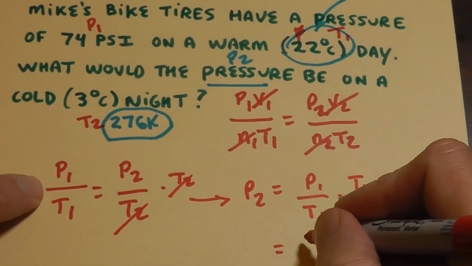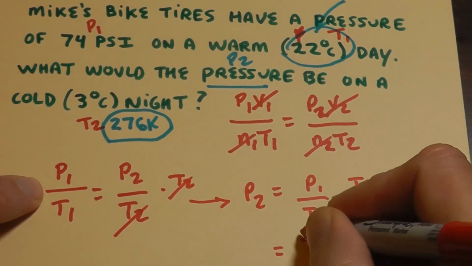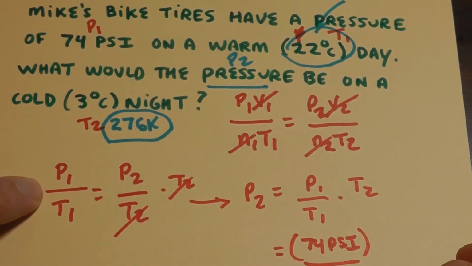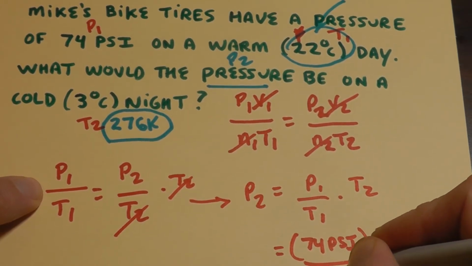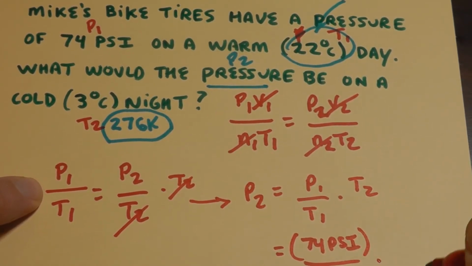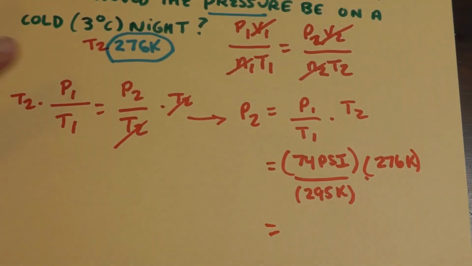So I'm going to make sure I put everything in the correct place. 74 psi divided by T1, which was 295 Kelvin, times T2, 276 Kelvin. And that will be my lower pressure. So let's see what it is.